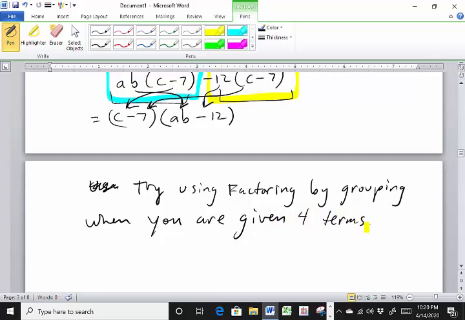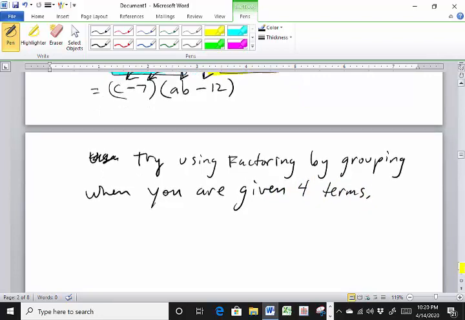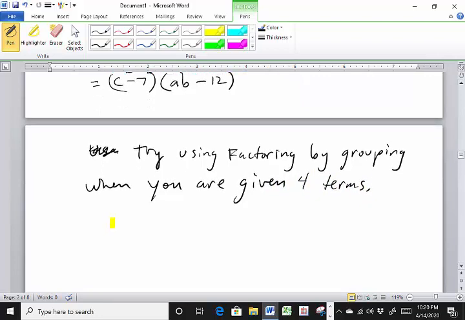Okay? For example, 6x squared minus 2xy minus 15x plus 5y. So you can see here 1, 2, 3, 4 terms. Okay?